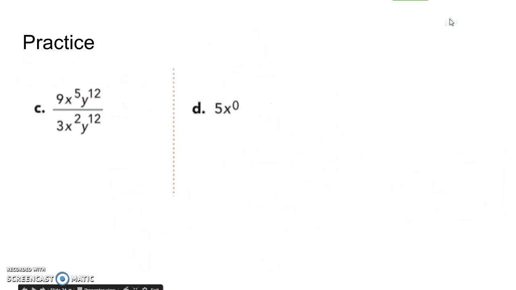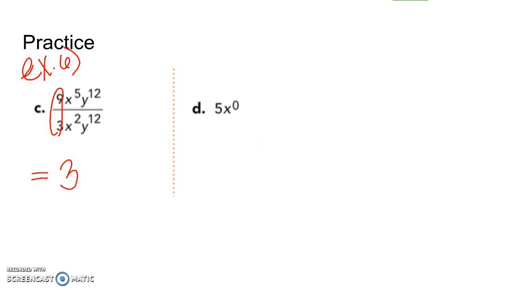All right, couple more examples and we'll be done. Call this example 6. Okay, we're going to start with the numbers out here on the outside. What is 9 divided by 3? 9 divided by 3 is 3. All right, now let's do the x's. X to the 5th power divided by x to the 2nd power. So we're going to do 5 minus 2.